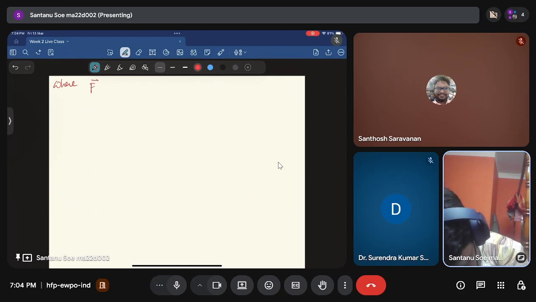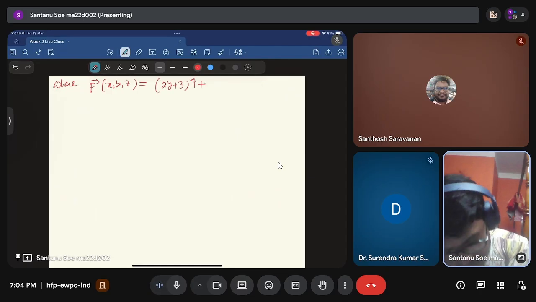Where F of x, y, z is given by (2y + 3) i cap plus xz j cap plus (yz - x) k cap.